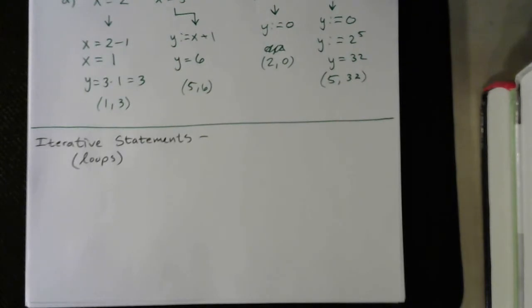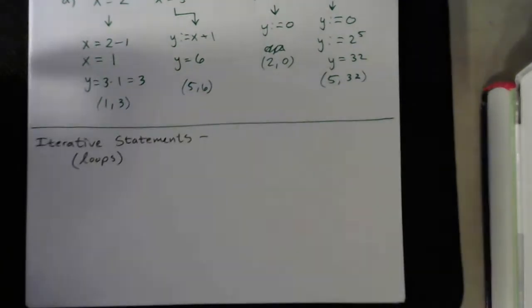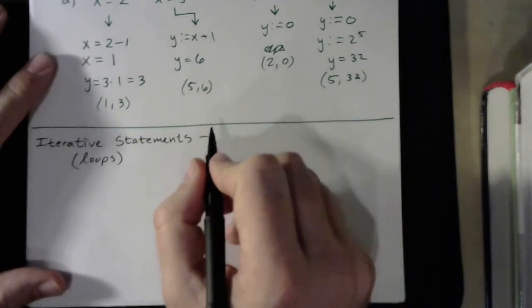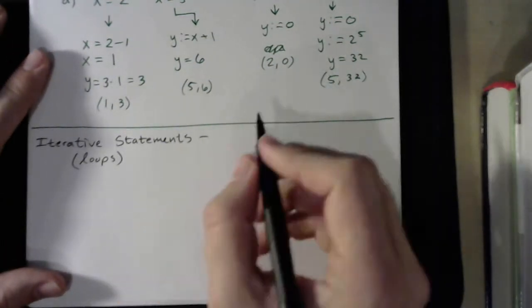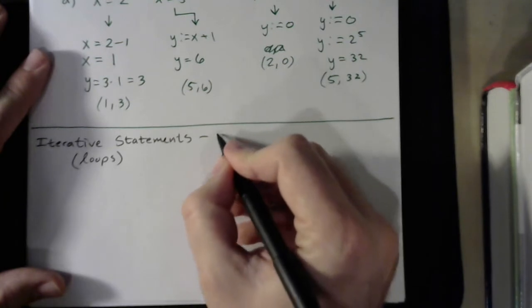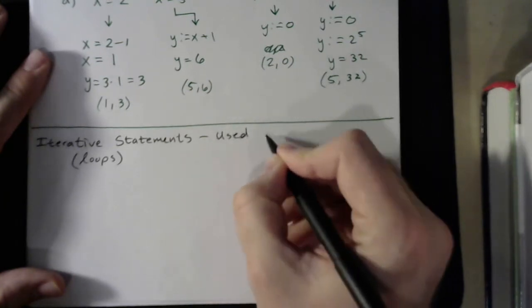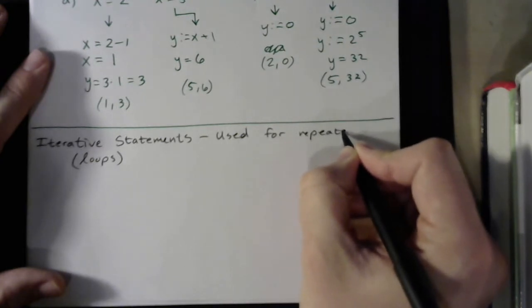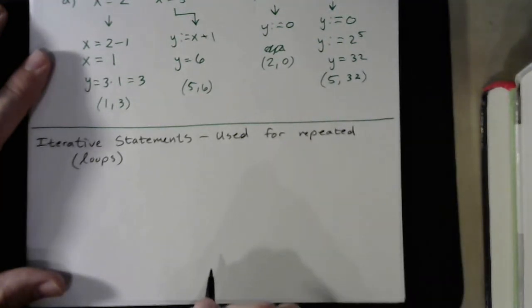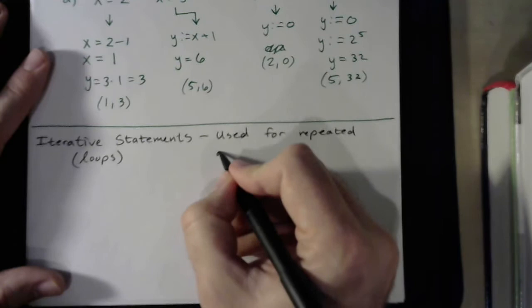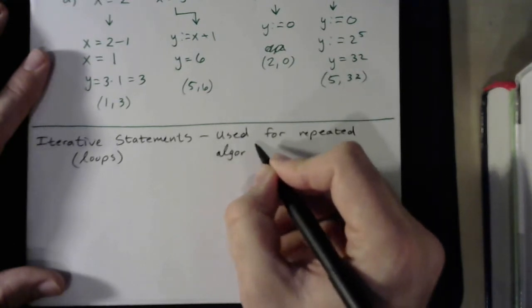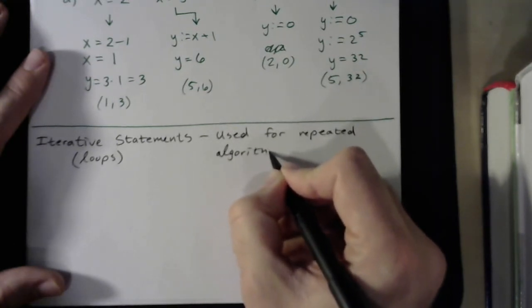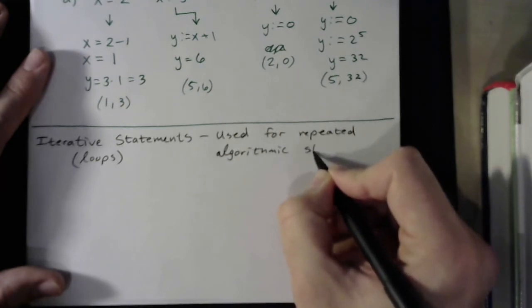We don't want to have to initialize a new if-then-else over and over again. So we are going to first say this is used for repeated algorithmic statements.